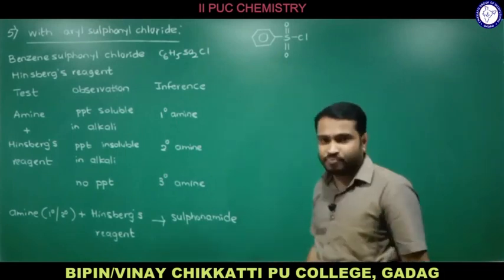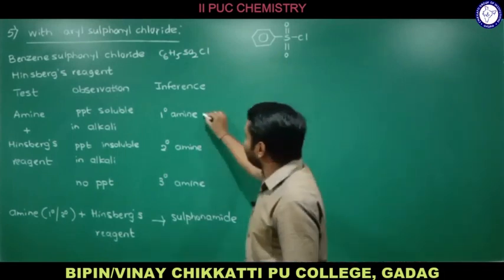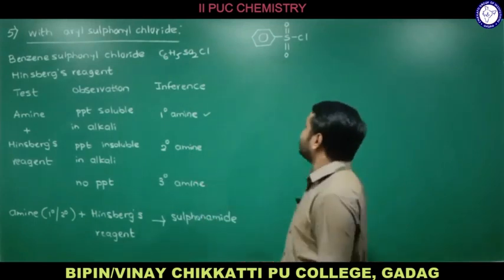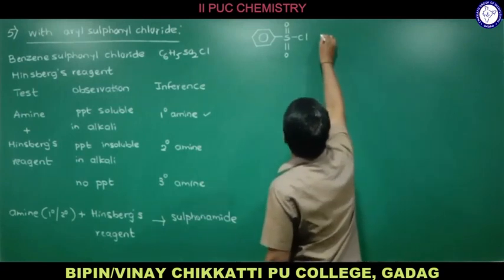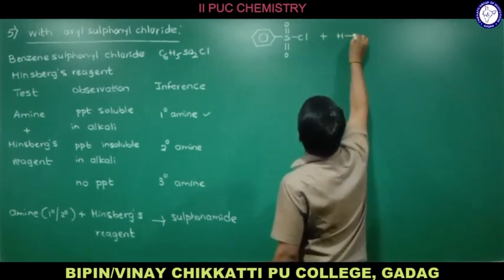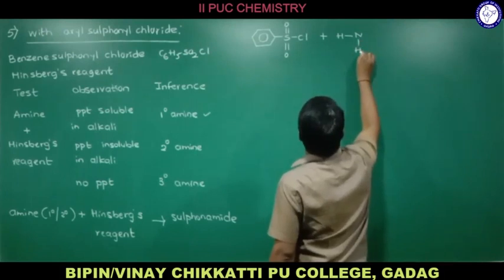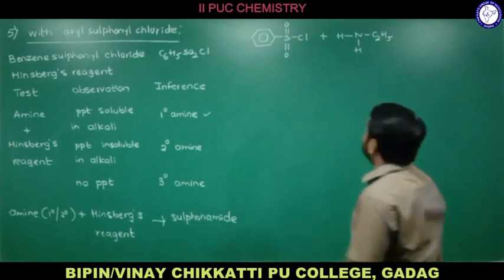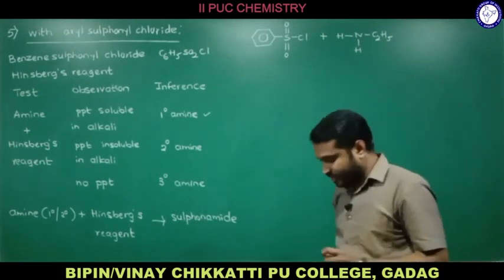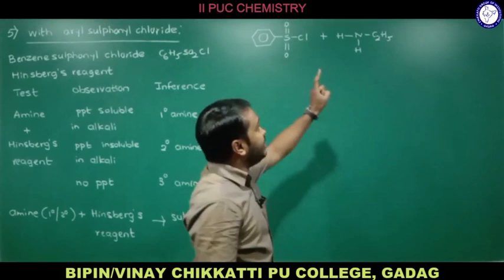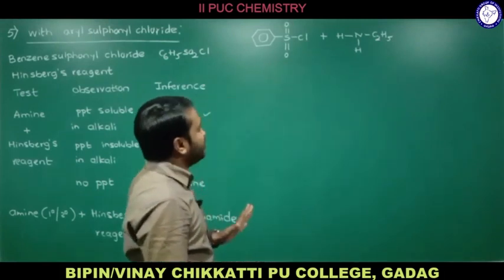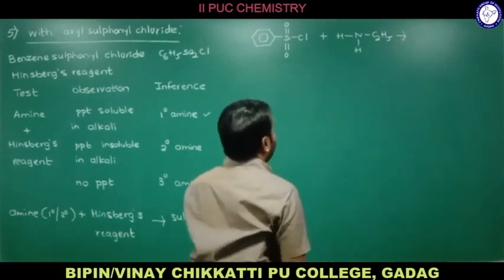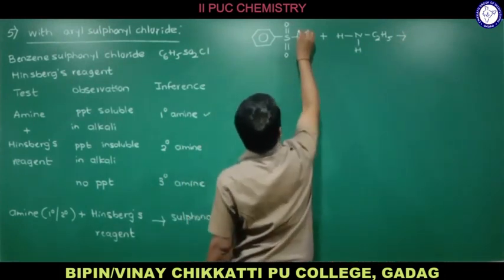Know that this is the structure of C6H5SO2Cl, that is nothing but benzene sulfonyl chloride, the Hinsberg reagent. So now, as I said, I am going to talk about the primary amine first. We will see what kind of precipitate forms and how it is soluble. So when you react with a primary amine, one very simple primary amine I am going to consider is ethanamine, C2H5NH2. Now when ethanamine reacts with the Hinsberg reagent, what kind of product are we going to get? For your simple reference I will write here, there is elimination of HCl.